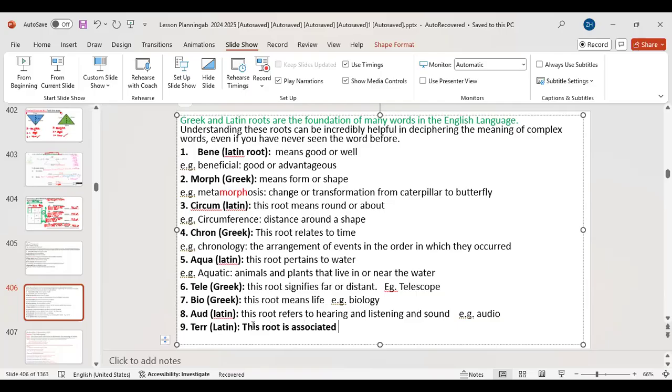Terrible. Terminal, very good. This root is terr, but it has to have a double R. Some of the ones I listed don't have a double R. This root is associated with earth or land. So for example, terrain.